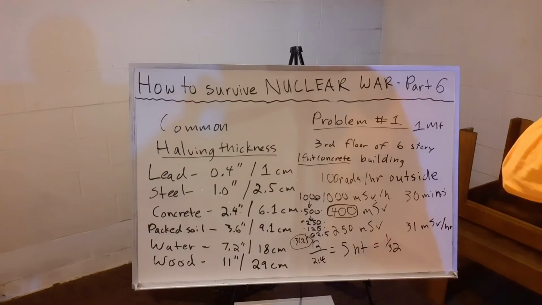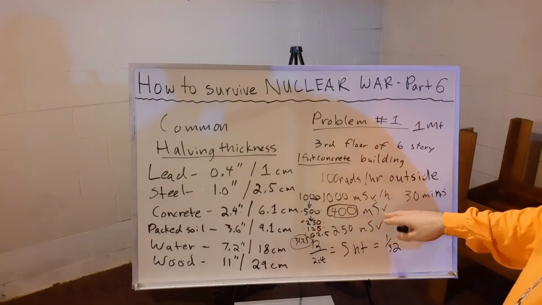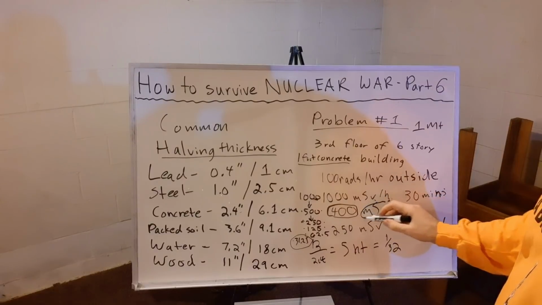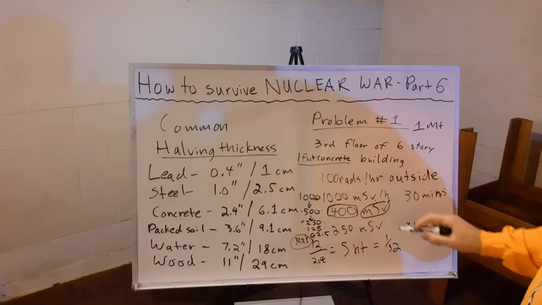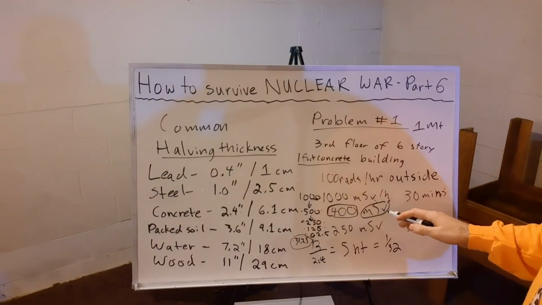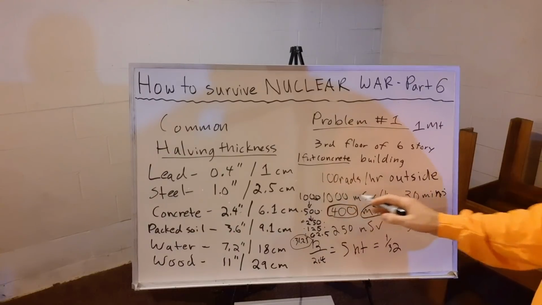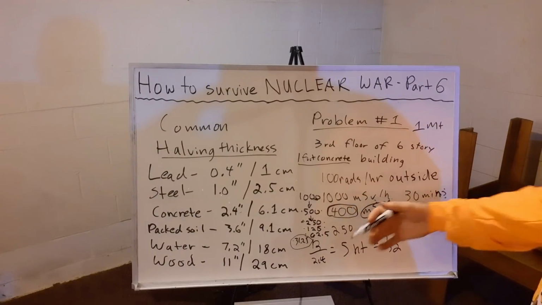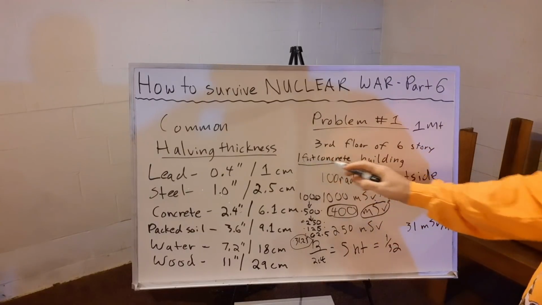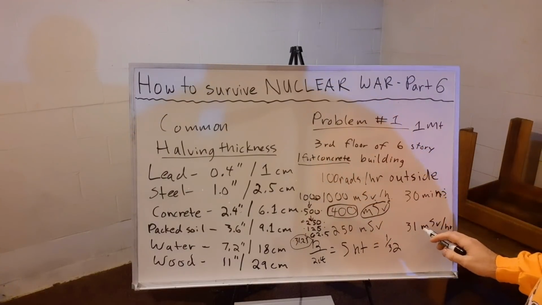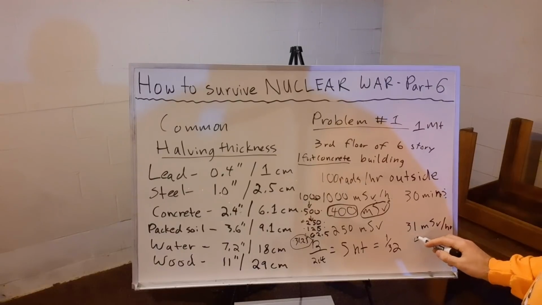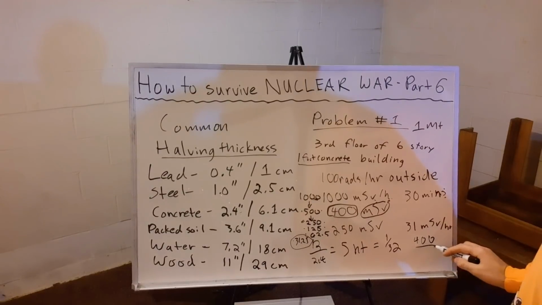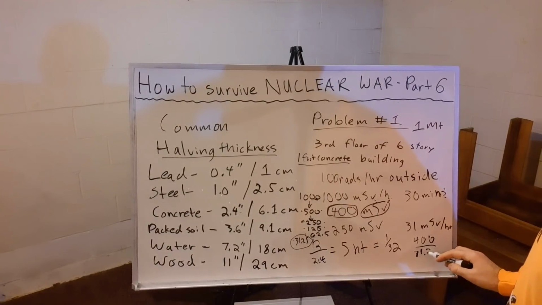So remember, it takes 400 millisieverts of dose to get radiation sickness. Initially, when we were outside, we could get sick within 30 minutes. Once we moved inside behind the 1 foot concrete wall, it's now going to take us 400 divided by 31.25.